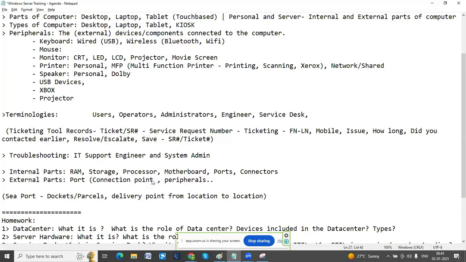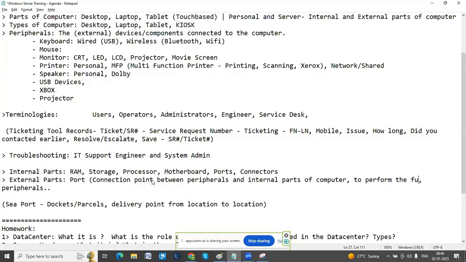Connection point between, we'll use it shortly as B/W or BW, between peripherals and internal parts of the computer. Why? To perform the function. What type of function? I want to display a picture. That's one function. I want to type one word. I want to select one picture. Any task. I want to listen to a song. I want to play a movie.